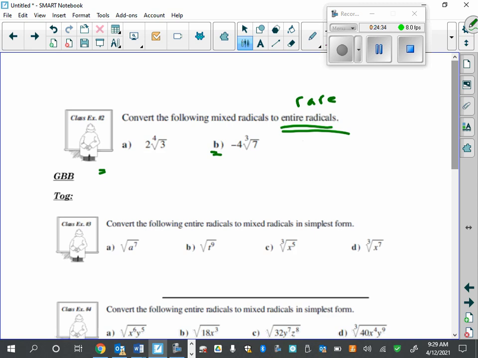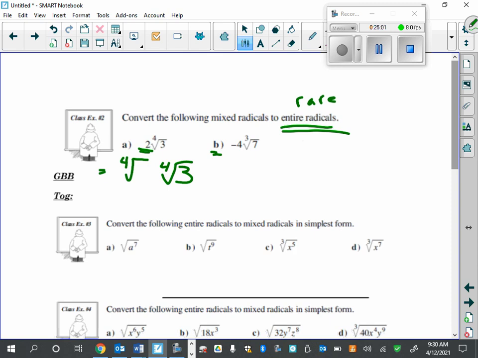For A, we have the 4th root of 3. So we have to turn the 2 into a 4th root, because you can only multiply 4th roots with 4th roots, cubic roots with cubic roots, and square roots with square roots. We were used to doing square roots. And to get a fourth root, you just multiply 2 times itself 4 times.